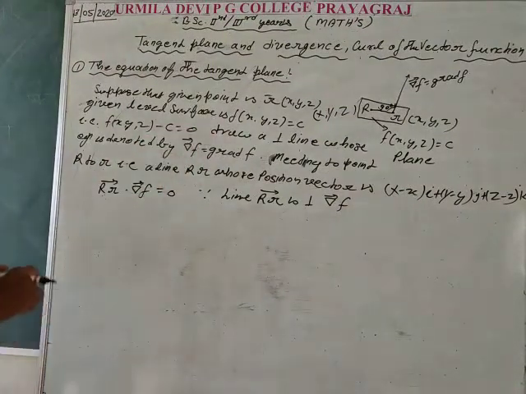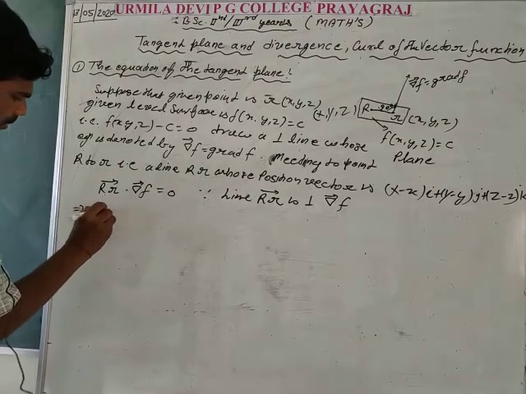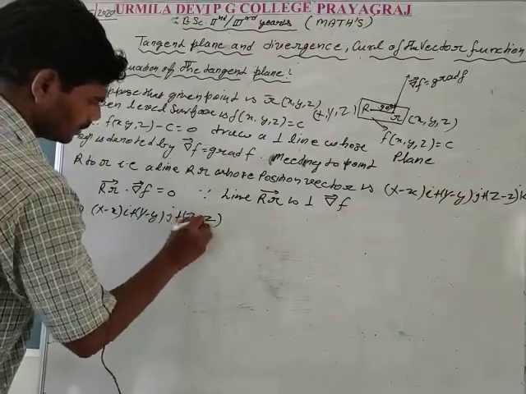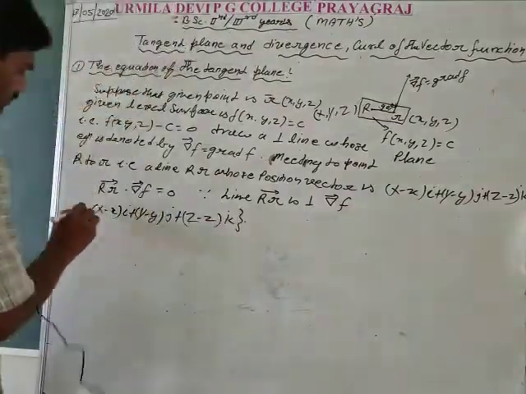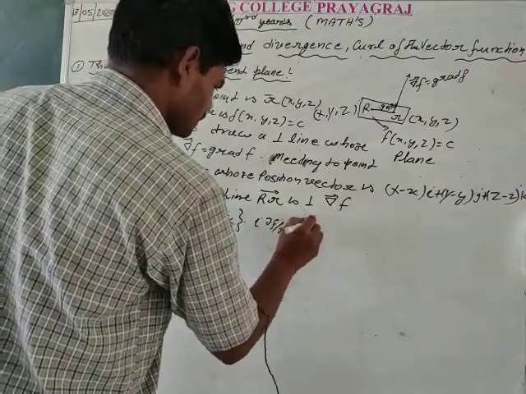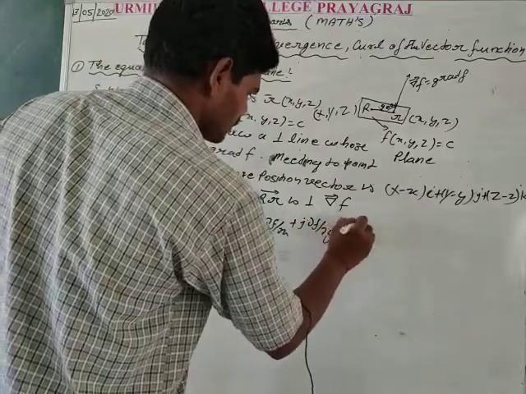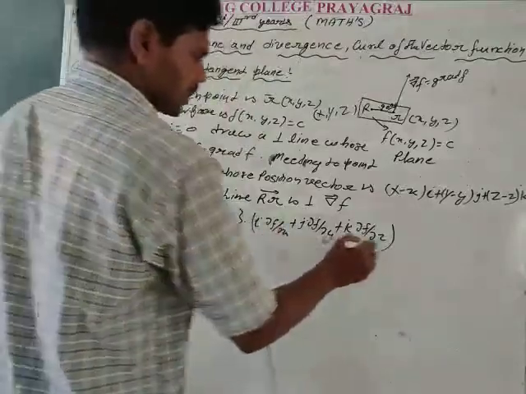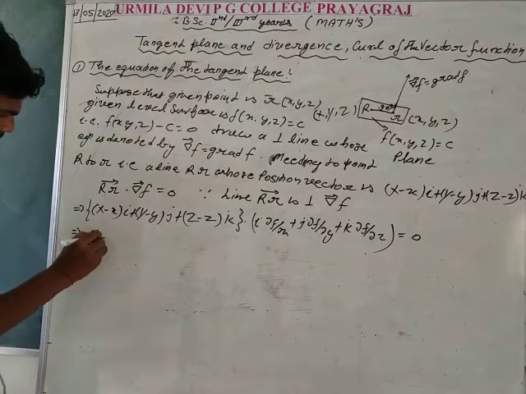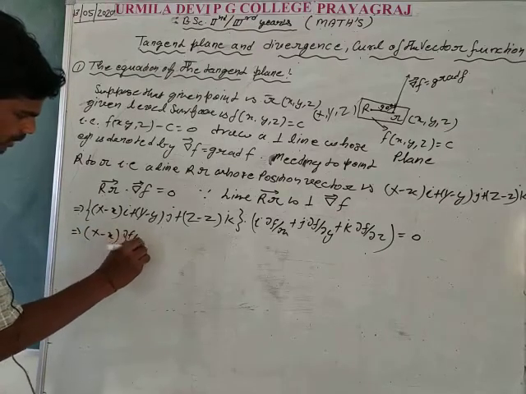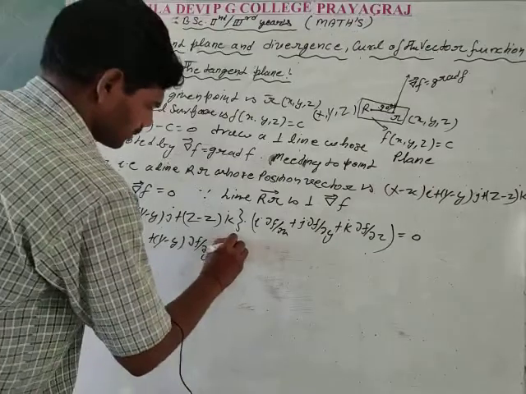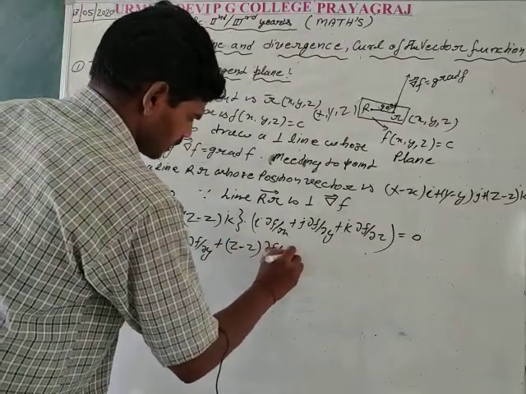From the figure, R equals (capital X minus x) times i plus (capital Y minus y) times j plus (capital Z minus z) times k, with dot product del F, which is i times del F by del X plus j times del F by del Y plus k times del F by del Z, equals 0. Taking the dot product of these two vectors gives (capital X minus x) del F by del X plus (capital Y minus y) del F by del Y plus (capital Z minus z) del F by del Z equals 0.